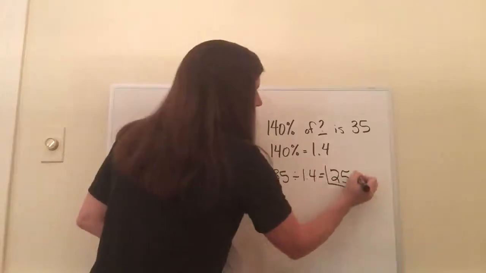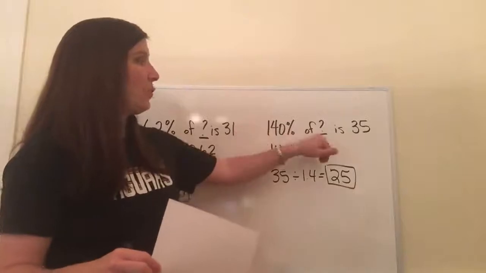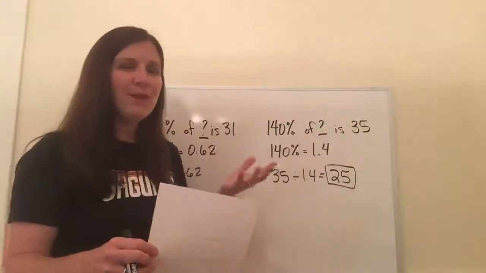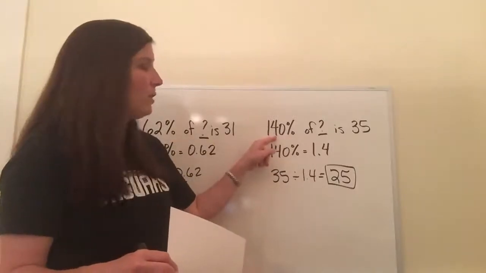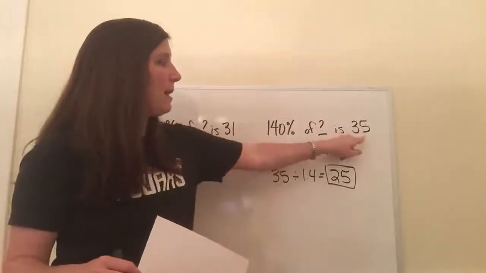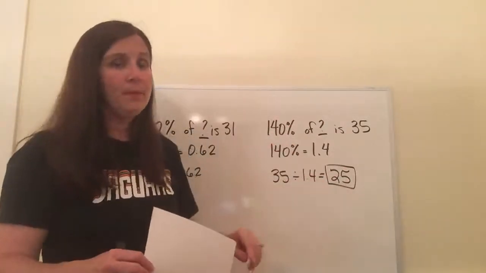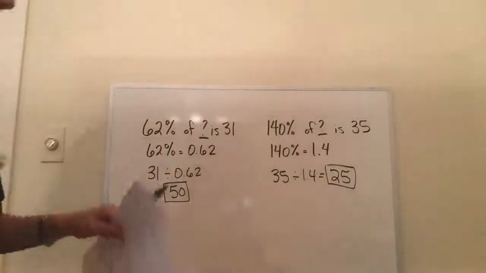And I get 25. So 140% of 25 is 35. That kind of makes sense because 140% means that my part has to be greater than my whole. So it makes sense that that number is smaller than 35.